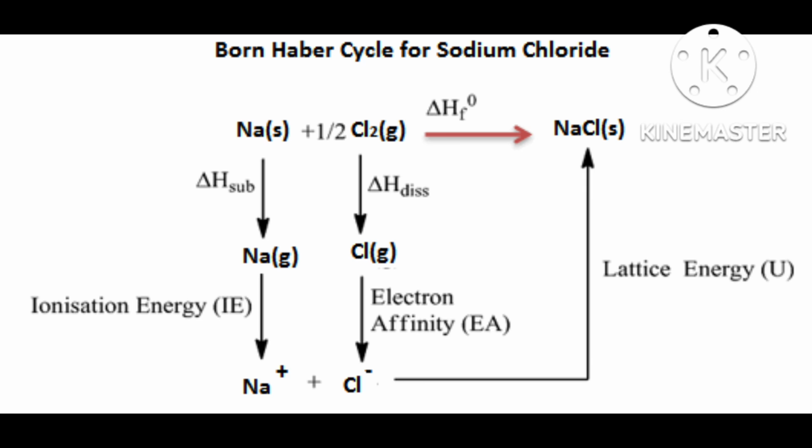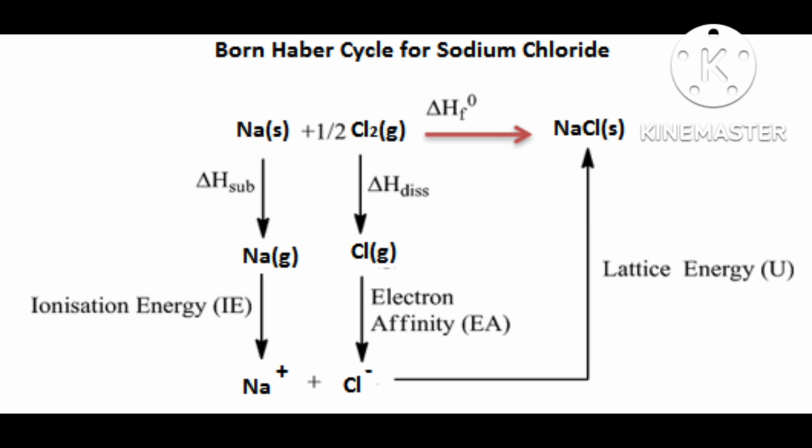Then now you only solve it. Just after putting the values, solve it. Then you will get the final value after solving. After solving it, you will get plus 178.3 kilojoule per mole.